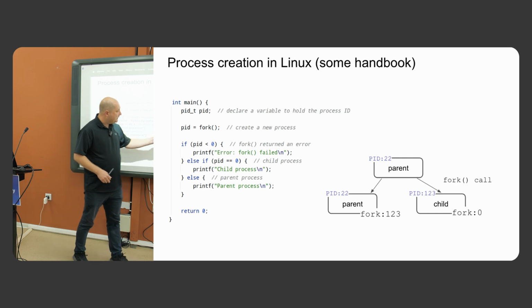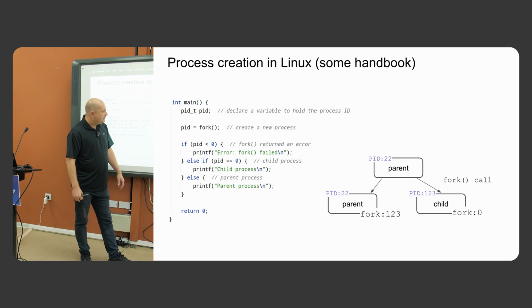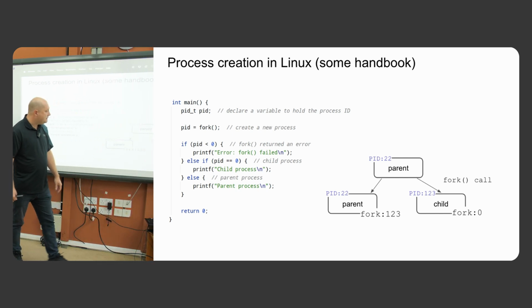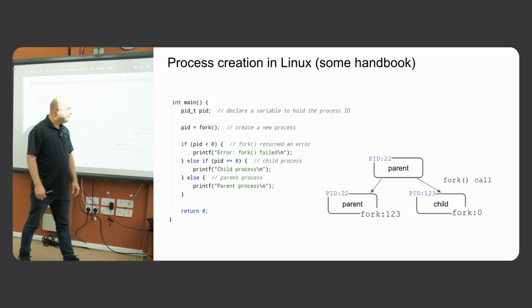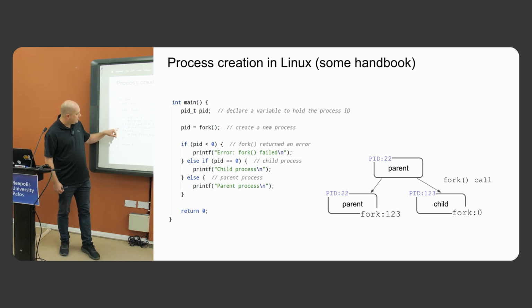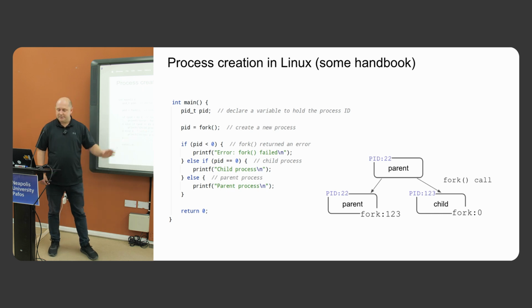When a parent copies or creates a child, the child has a new process ID, and fork returns 0. It means you are a child, so just run some child code, right? That's it, and they are working like this.